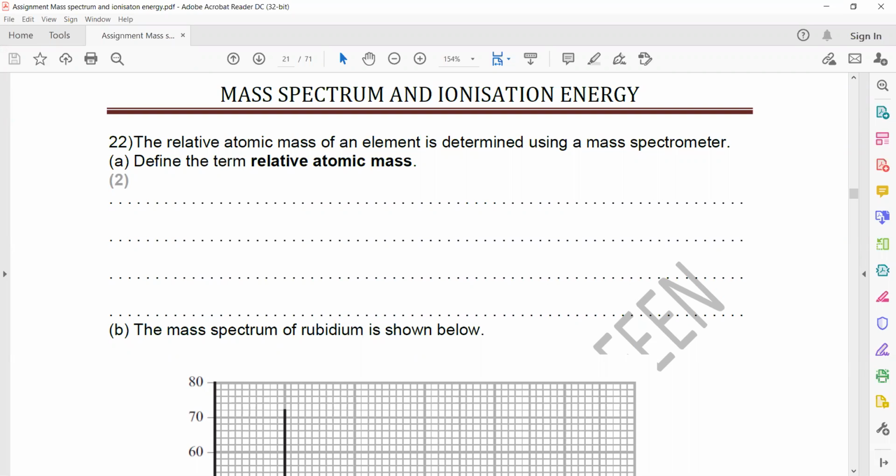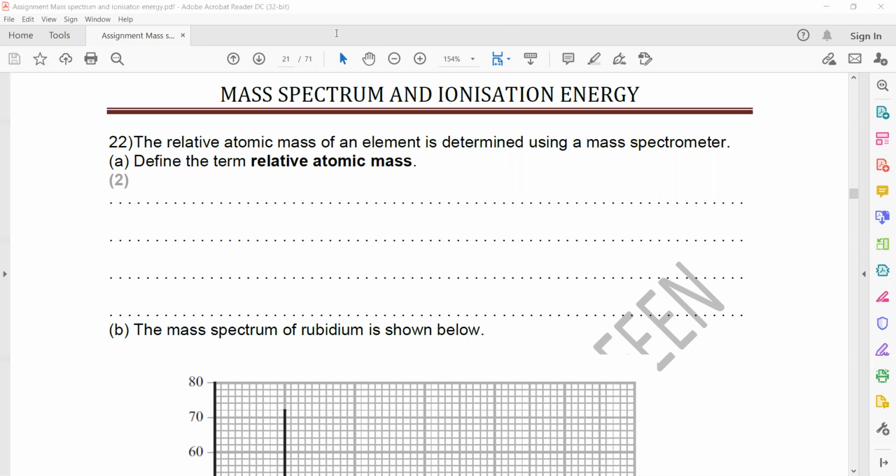The definition of relative atomic mass: it is the mass of an atom compared with 1 by 12 of carbon 12, or the average mass of an element compared with 1 by 12 part of carbon 12.